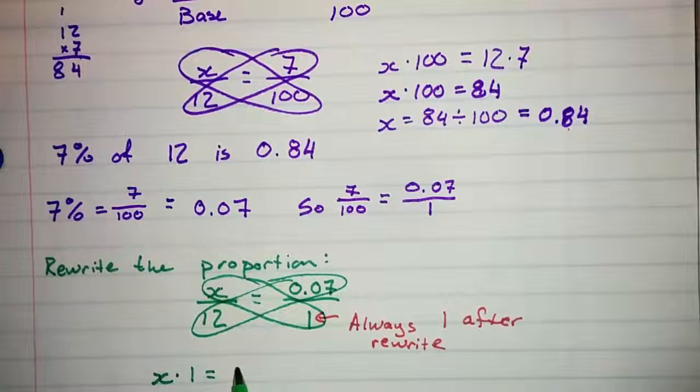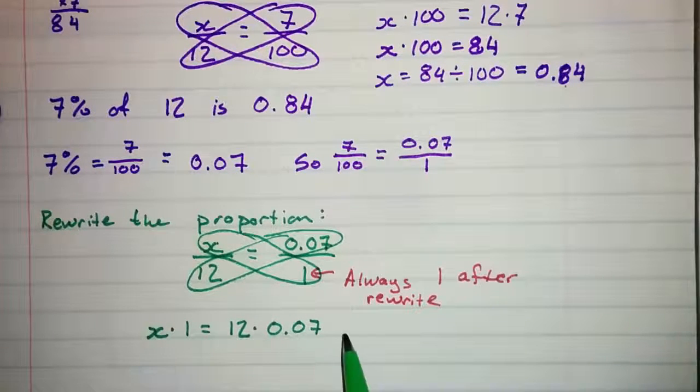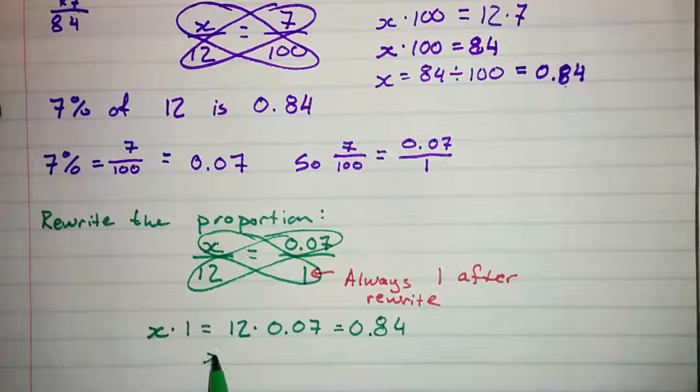And here we'll have 12 times 0.07. Now, 12 times 0.07, that's 12 times 7, which we discovered earlier was 84. 2 digits after the decimal point. And of course we get the same answer. X is 0.84.